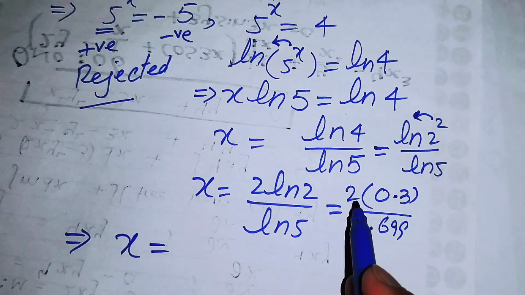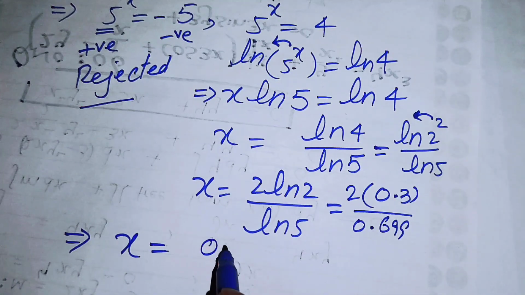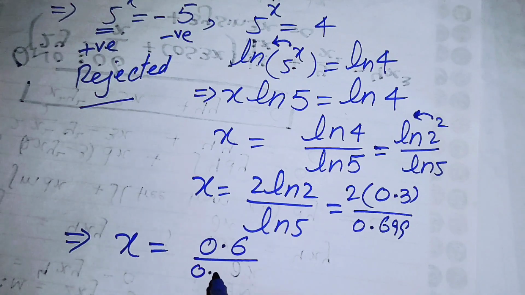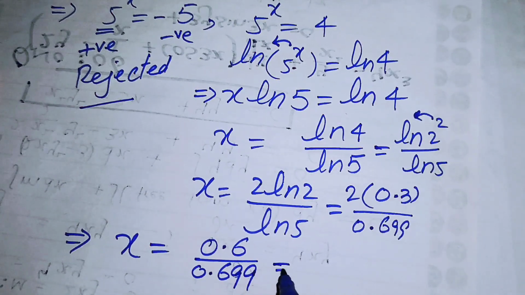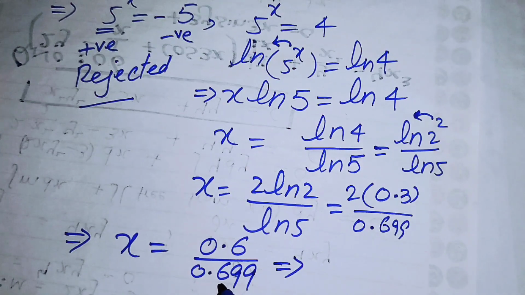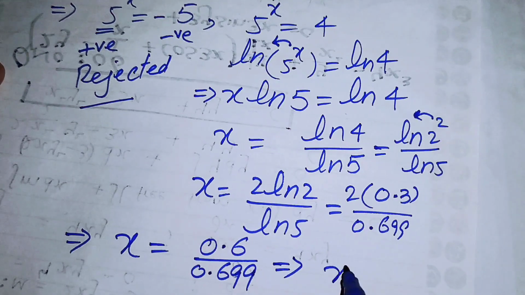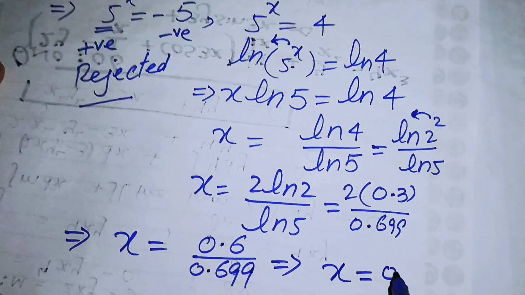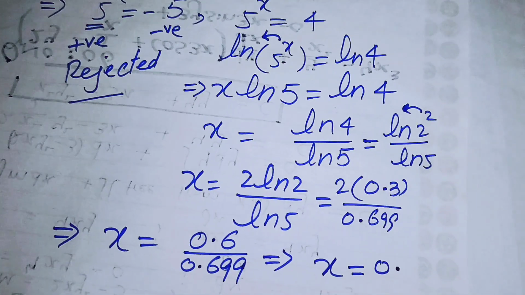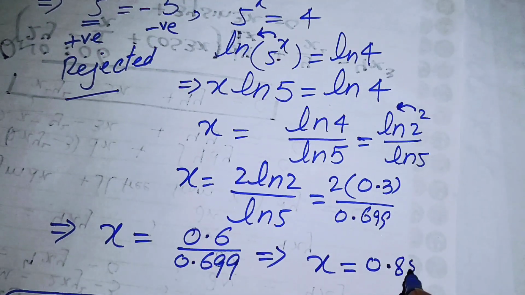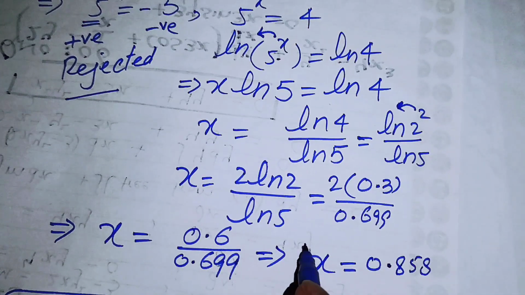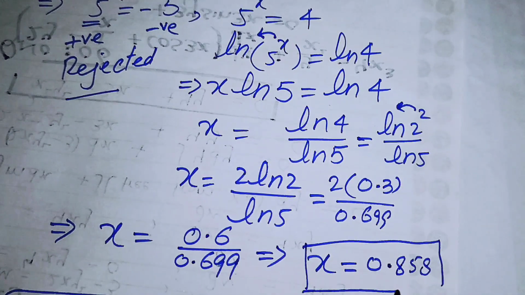After multiplying this 2 by 0.3, it becomes 0.6 over 0.699, and after dividing these two terms we get the value of x is 0.858. This is our final answer of this question.